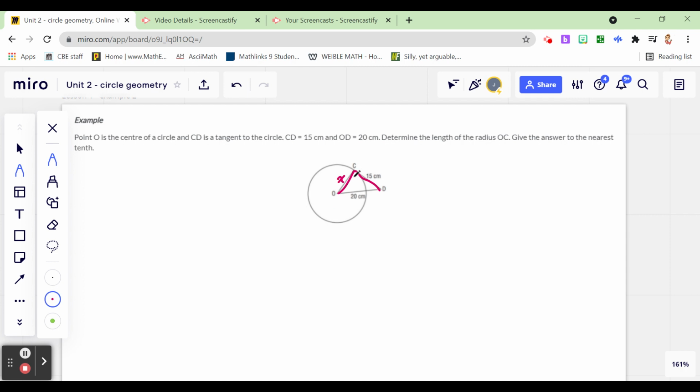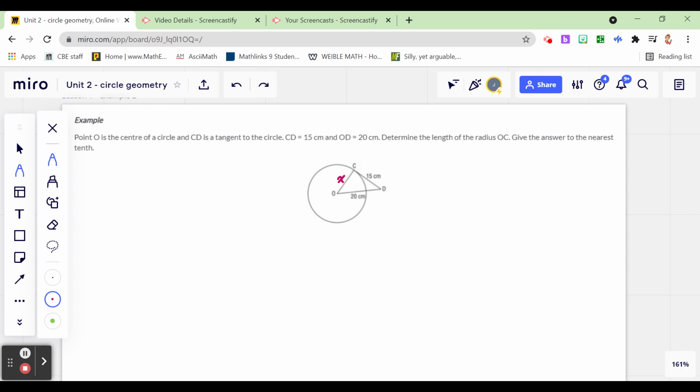And perpendicular means that it's a right angle, so it's 90 degrees to each other. So now that I know that, I'm good to use the Pythagorean theorem.